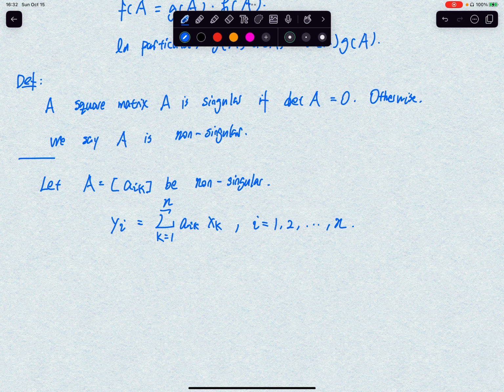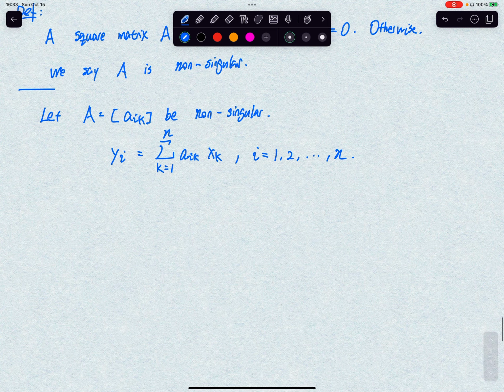When we regard this equation for x1 up to xn, we observe that the determinant of the system is, by our assumption, different from 0 since A is non-singular, so we can express x1, x2, up to xn in terms of y1 up to yn since it is invertible.